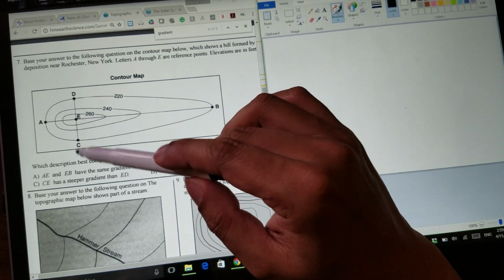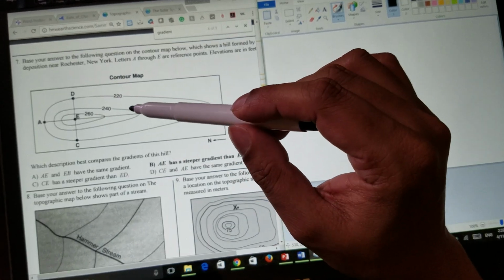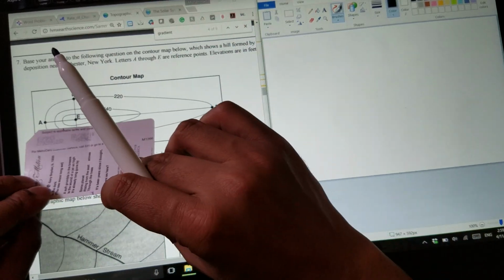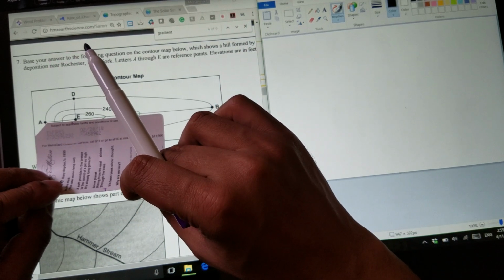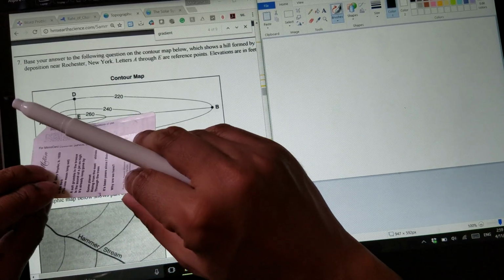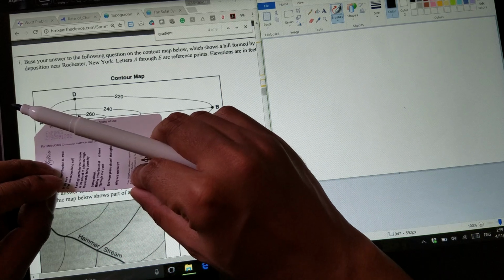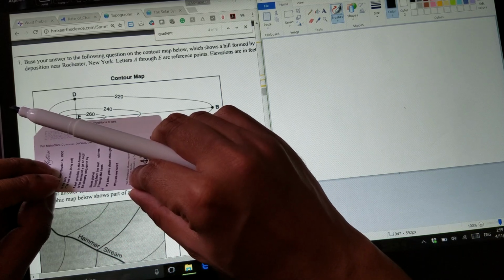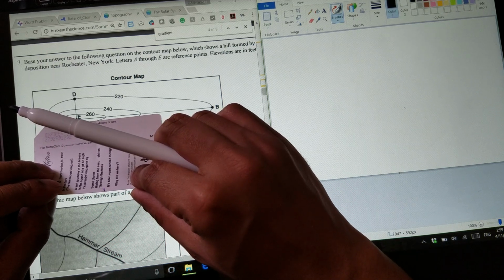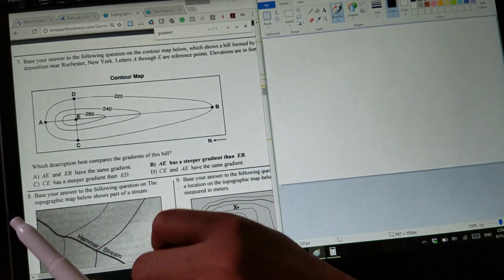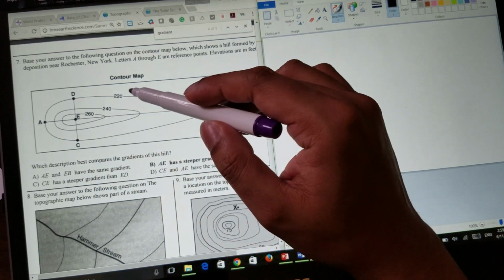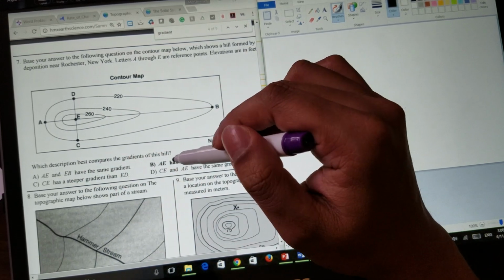Now we are comparing CE and AE. Again, we can use this. That's EC or CE, same thing. I can see that the distance of AE is slightly greater than the distance of EC. So D can be cancelled because they don't have the same distance.